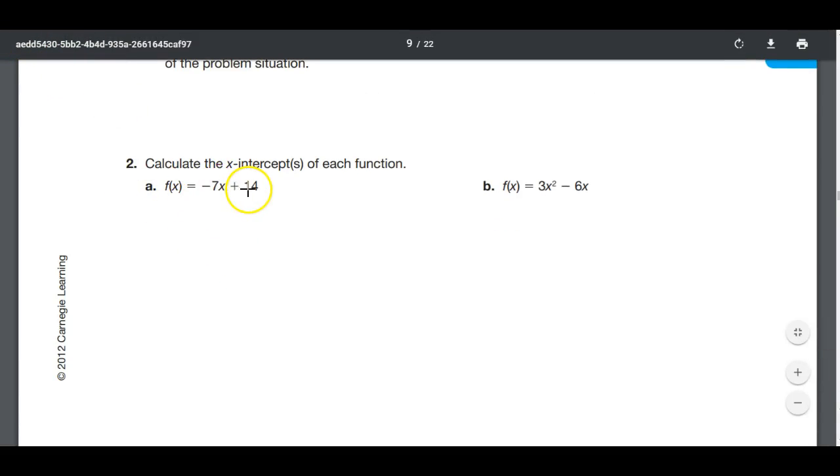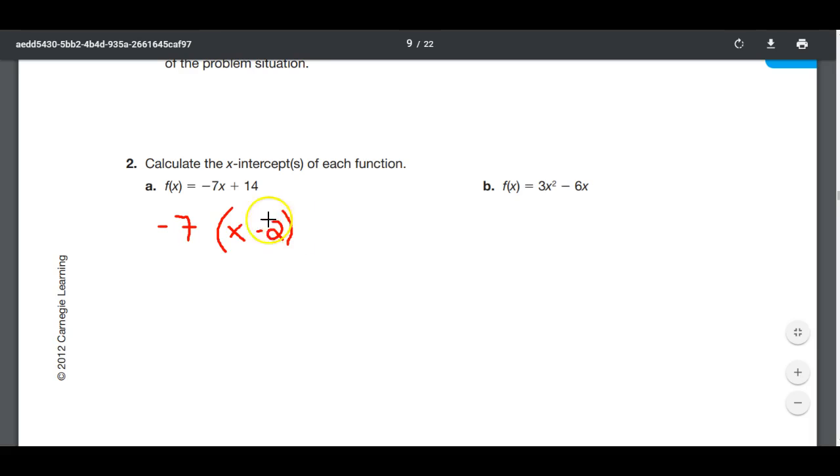So to get the x-intercepts, what I need to do is factor this out, and I end up with a -7. I'm going to put this in factored form, so I'm going to put -7 on the outside, and then what's on the inside. If I divide -7x by -7, I just get x, right? And I divide 14 by -7, and I get -2.